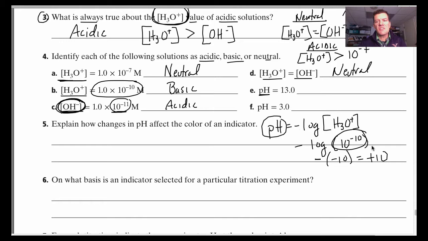So if the pH is above 7, that means the concentration of hydronium ions is very small. Here it's 13, so that's going to be basic. Okay? A pH above 7 is basic. A pH below 7 is acidic. So this one here is acidic.